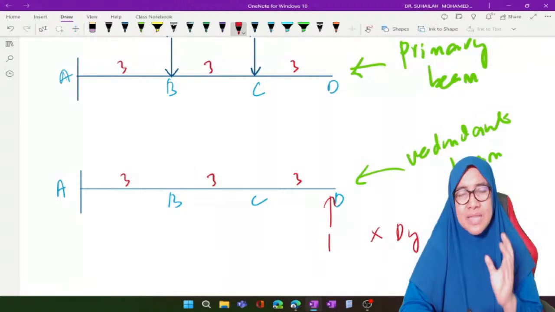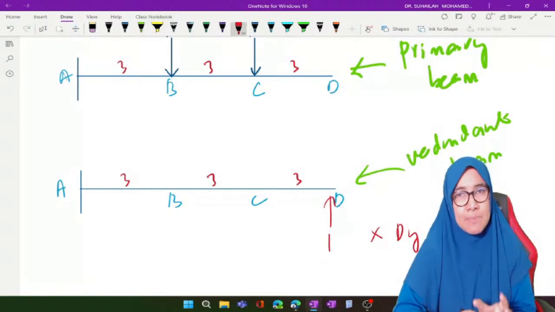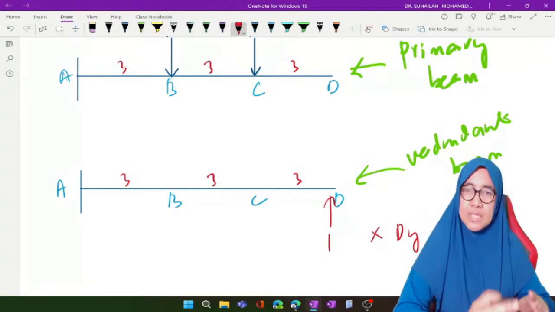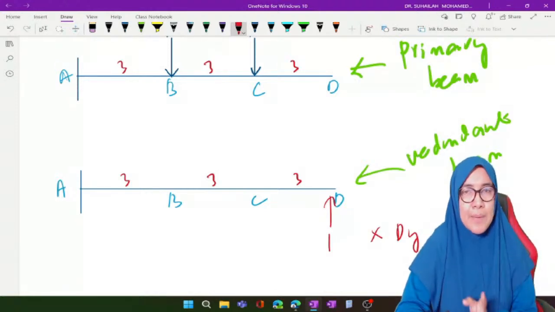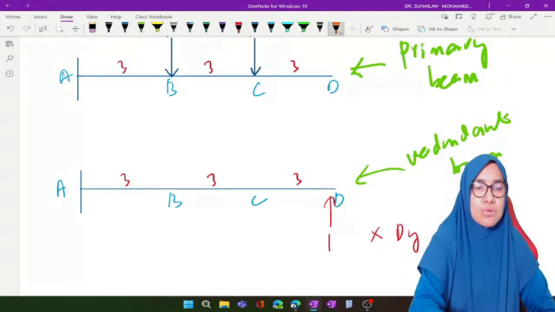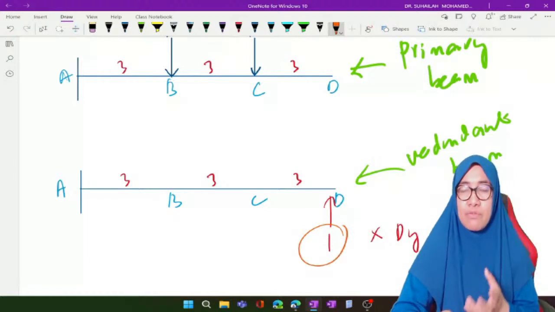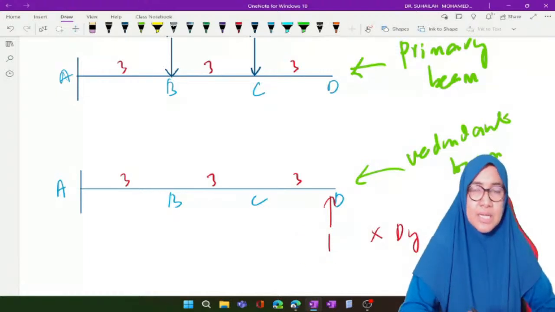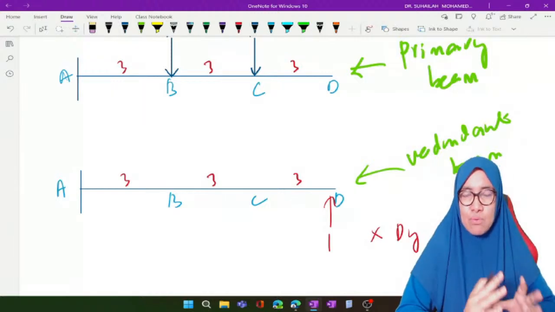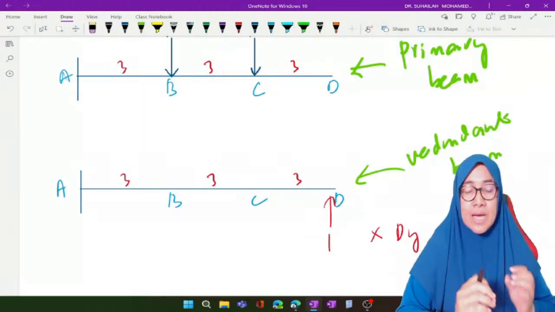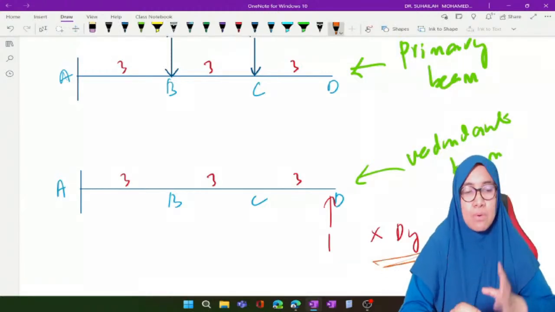F cannot stand alone. We have to multiply by the redundant, because originally it is dy. We remove dy, so it becomes 1 times dy. So due to a unit value of redundant, the deflection is called F. That is why we must pair F11 or FDD with dy.